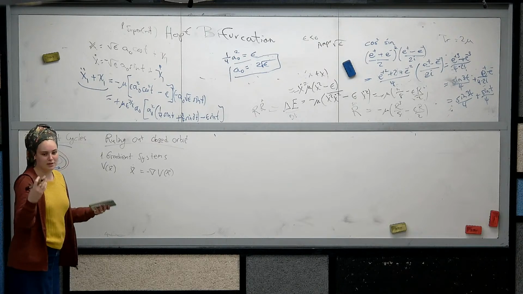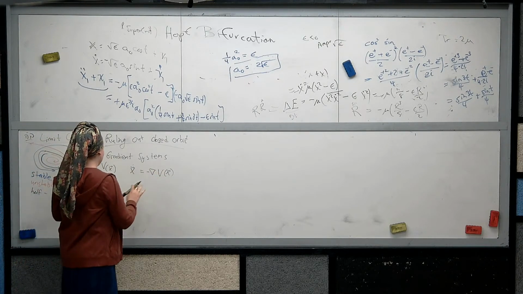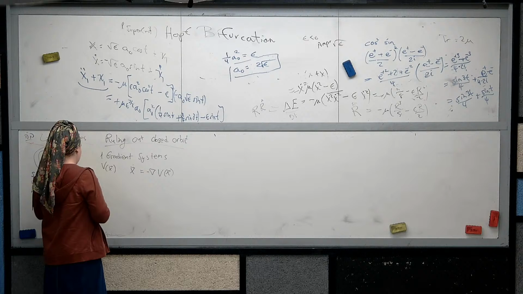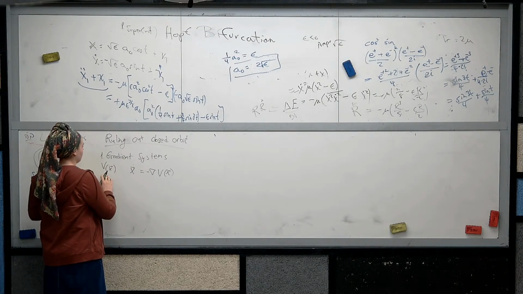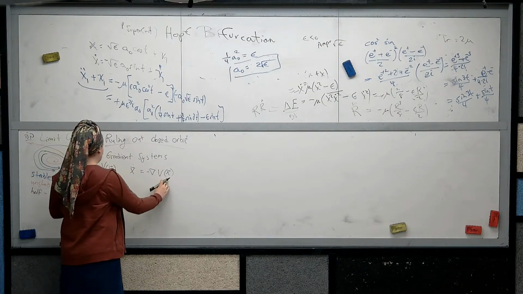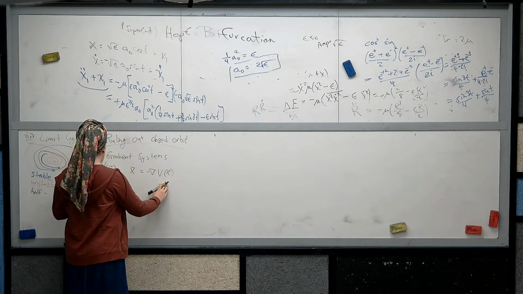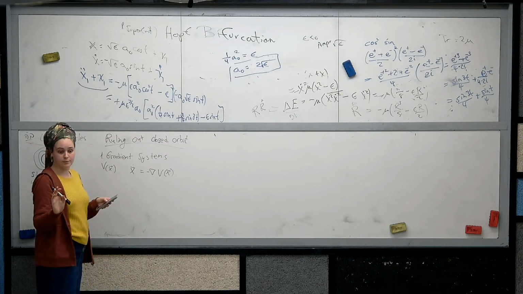Until I say otherwise. So if we have some function V such that this is the gradient, there are no closed orbits.